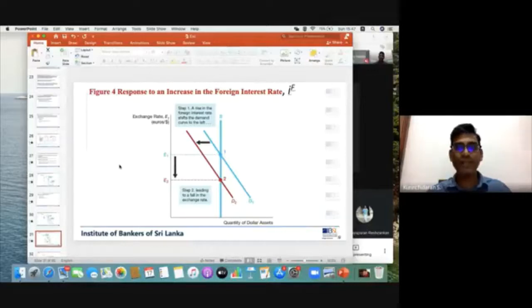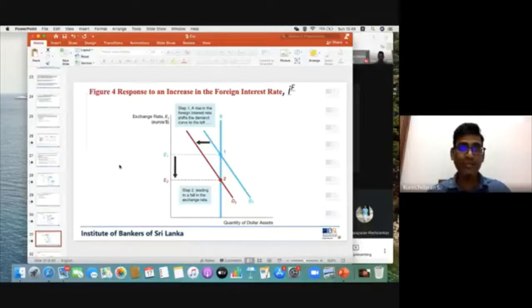Now the foreign interest rate, that means the euro interest rate, has increased. That means IF, where I is interest rate and F is foreign. So this is the response to an increase in the foreign interest rate, IF.